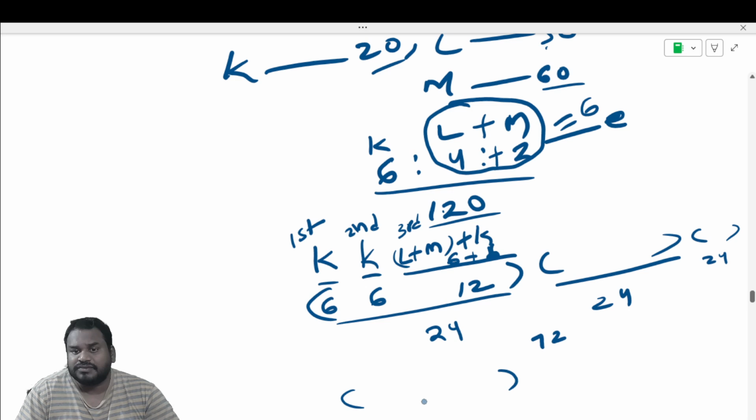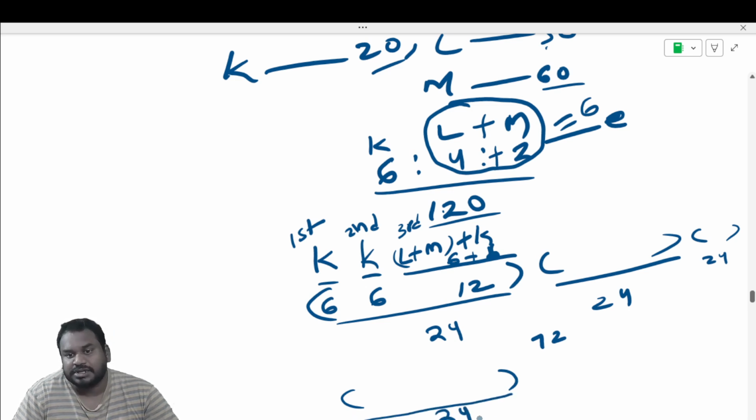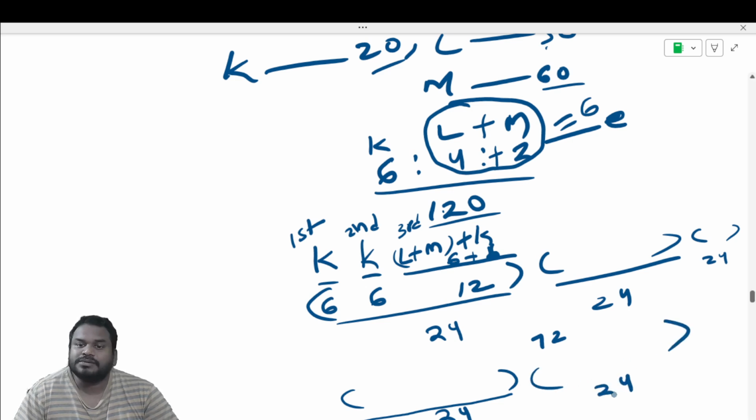Again within 3 days, 24 is completed. So how much is it now? 24 into 4, 48, 96 completed. Again 24, then it will become 96 plus 24, that is 120.